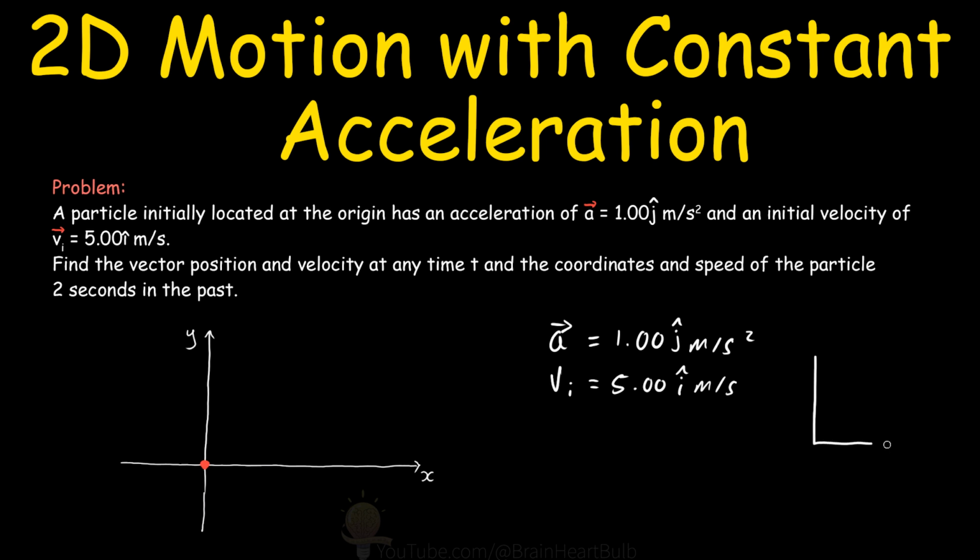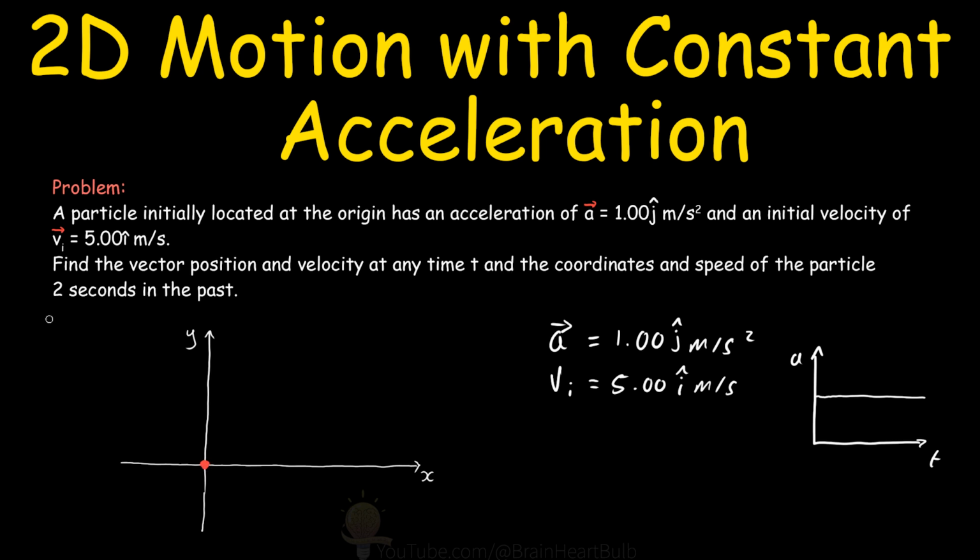And because it has a constant acceleration, in other words, an acceleration that does not vary over all of time, then we can use the kinematic equations of motion to determine the position and velocity of this particle at any point in time.